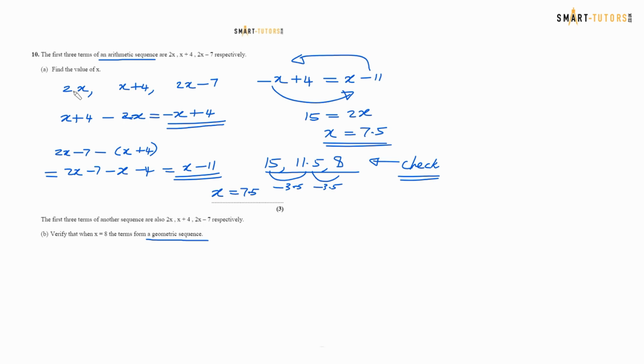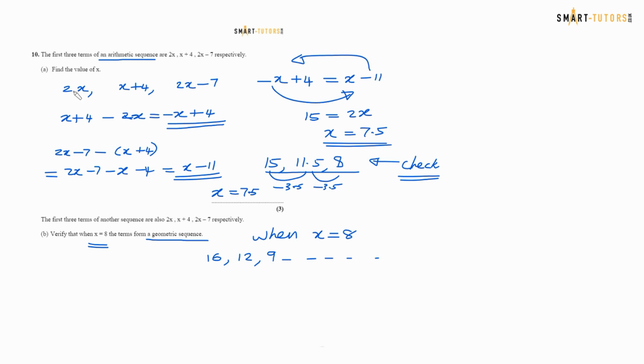Let's find the sequence by substituting x equals 8. So 2x is 16, x plus 4 is 12, and 2x minus 7 is 16 take away 7, which is 9. So this is the sequence.